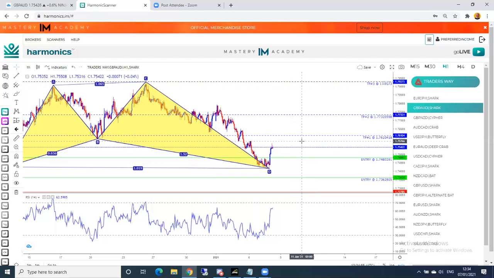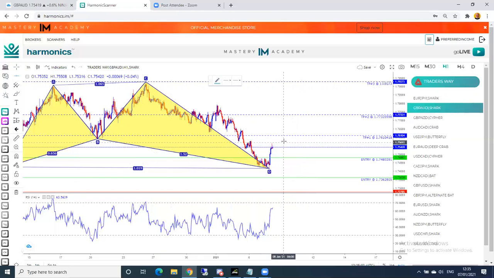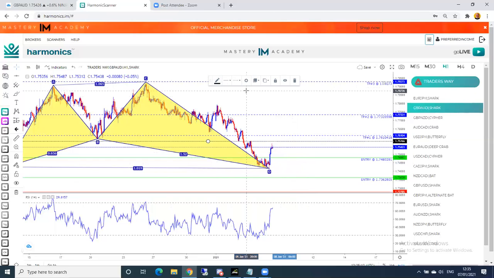I mean, if we look at where, I'm just going to throw a line on there quickly. In fact, I'll do a horizontal line where that's at there. Let's make that black and a bit bigger. No, sorry, that one I wanted.